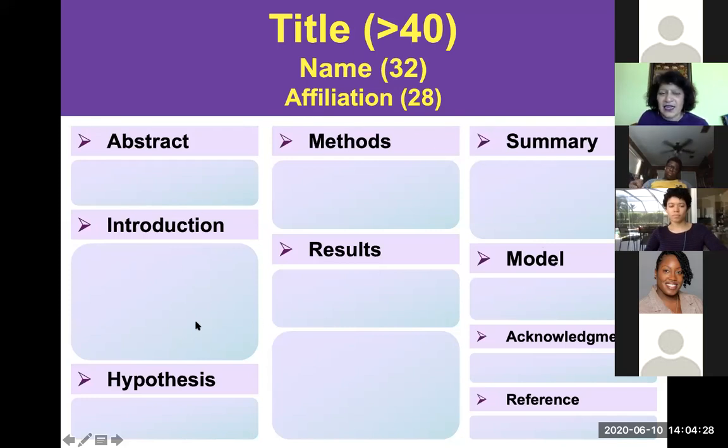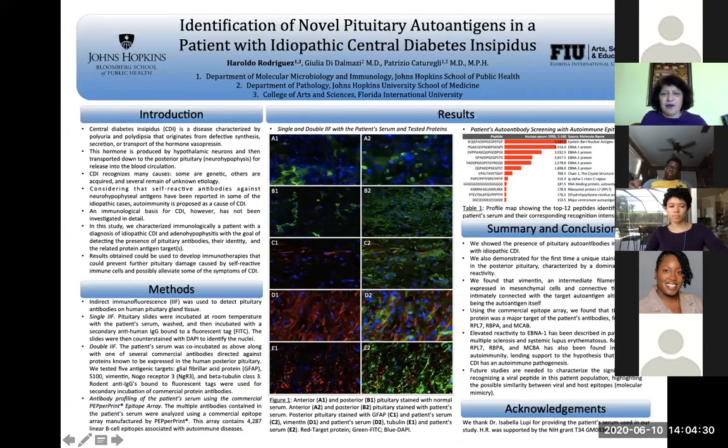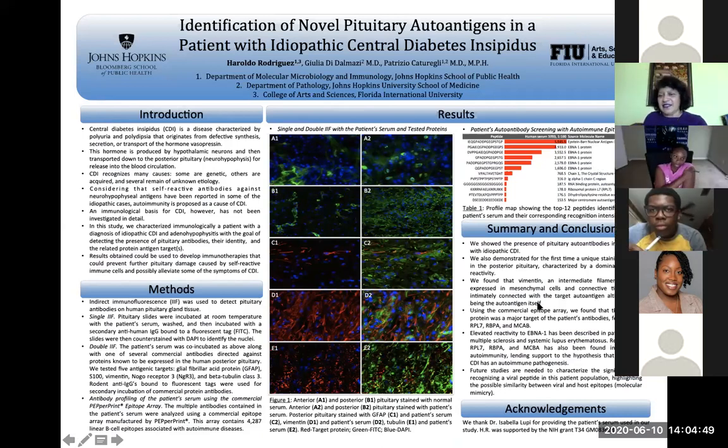Okay, and here is, I'll give you an example of a poster. Here's a poster, and Brianna, do you like this poster? Yes. Okay. How about, let me find somebody else. Jillian Harris, do you like this poster?